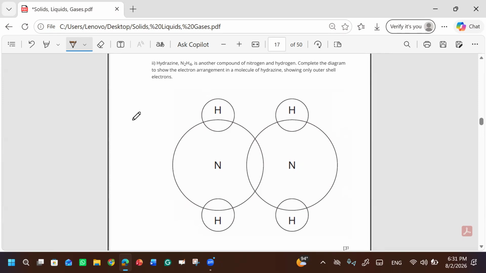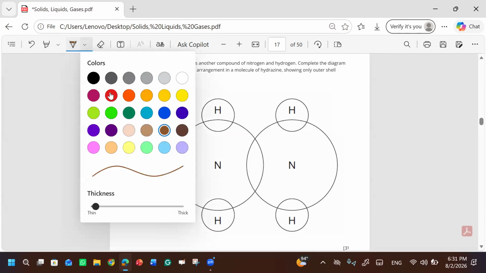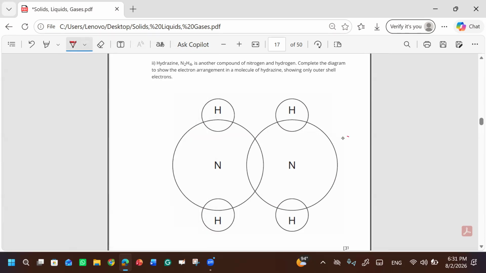You have to add the electrons on the left side of nitrogen, and in the gaps of hydrogen, you have to add one hydrogen and one nitrogen atom.